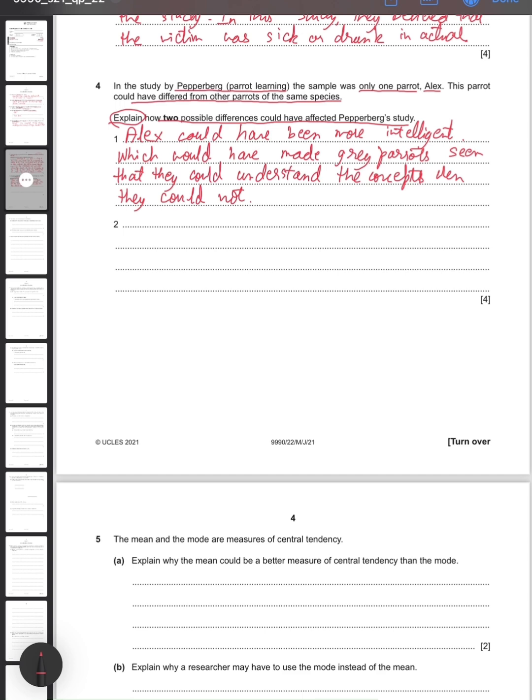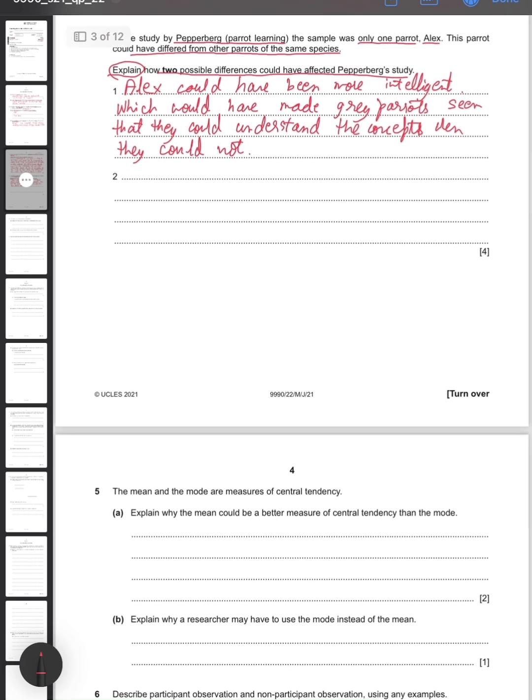This is because Alex's results were being applied to the whole population of grey parrots. His results were being generalized to the whole species of grey parrots. That is why Pepperberg could have misunderstood Alex's results for the whole population of grey parrots.